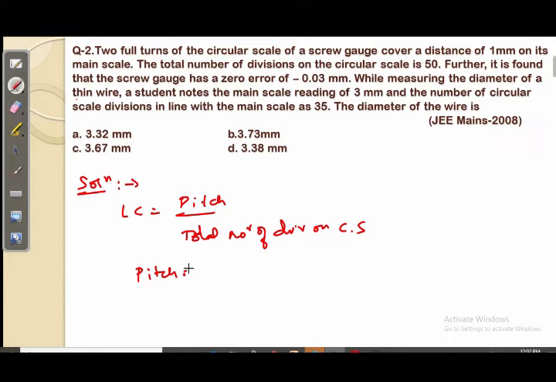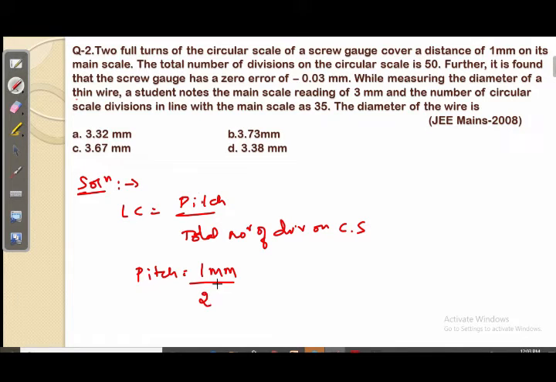The pitch is given by the total distance moved on the main scale. They have given that two full turns of the circular scale cover a distance of 1 millimeter. So 1 millimeter divided by the number of rotations, that is 2.